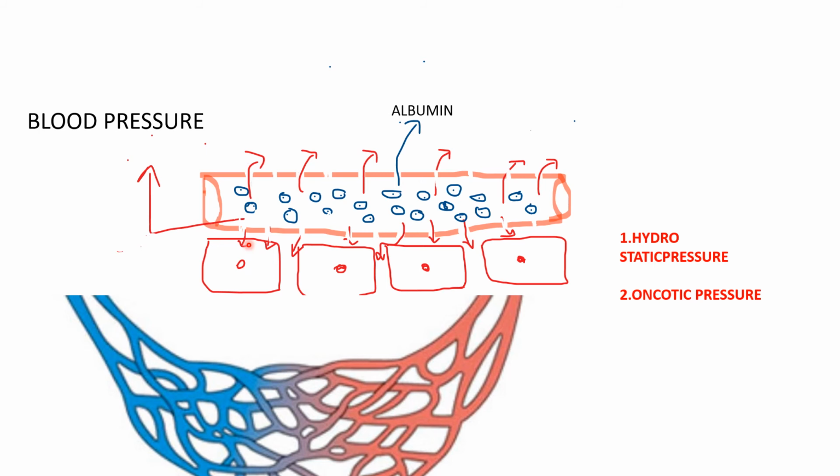The hydrostatic pressure also increases and more and more fluid and nutrients will be pushed down in between the cells. So there will be more fluid in between the cells than the normal level, so there will be accumulation of fluid in between the cells. So that is also one reason, hypertension.